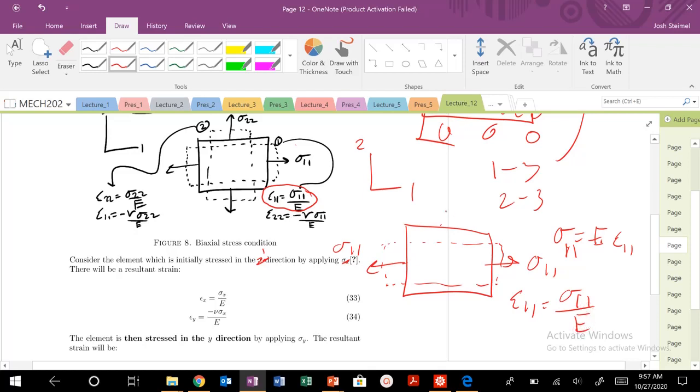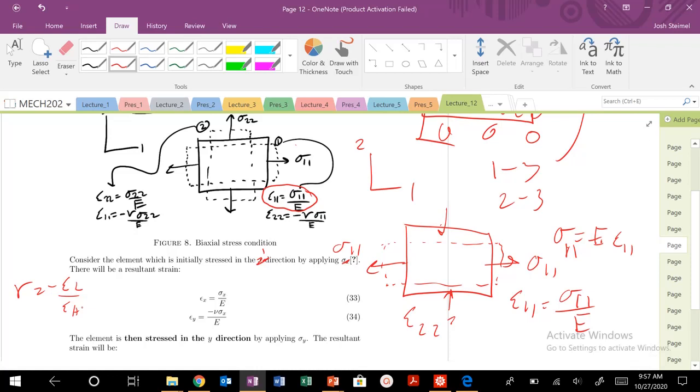But we're also going to contract in this direction here. So my strain epsilon 2-2 is going to be given by, still the same stress, because what was our Poisson's ratio? Our Poisson's ratio was minus the lateral contraction over the axial extension.